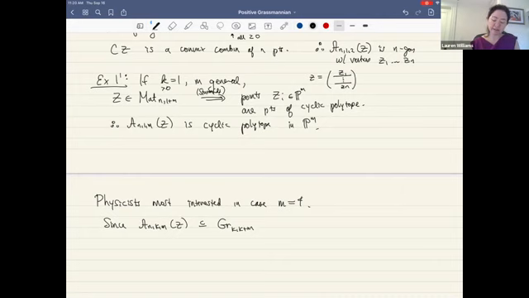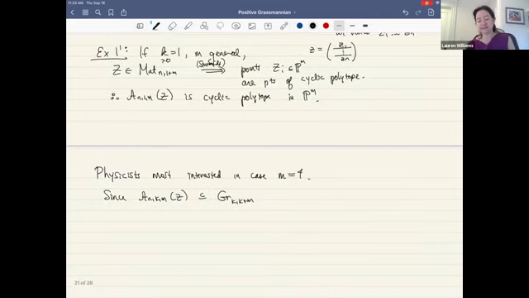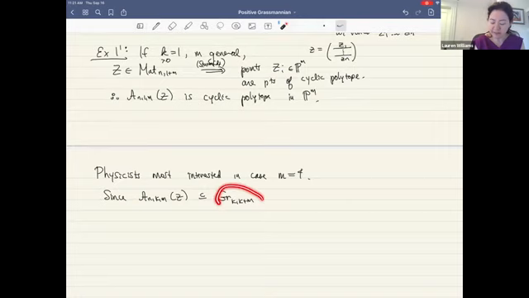Let me just point out that if m is small, then it's desirable to replace this Grassmannian with the isomorphic Grassmannian of m-planes in k plus m space.